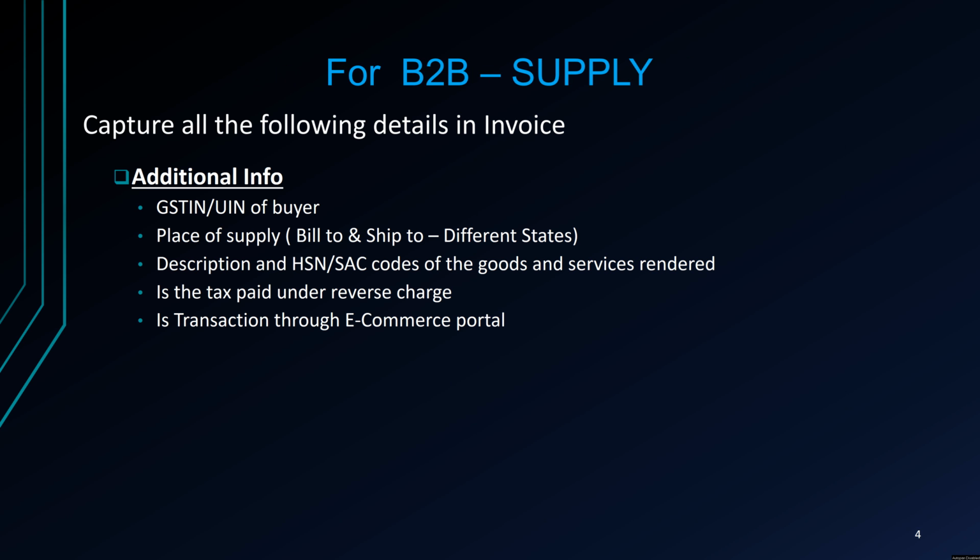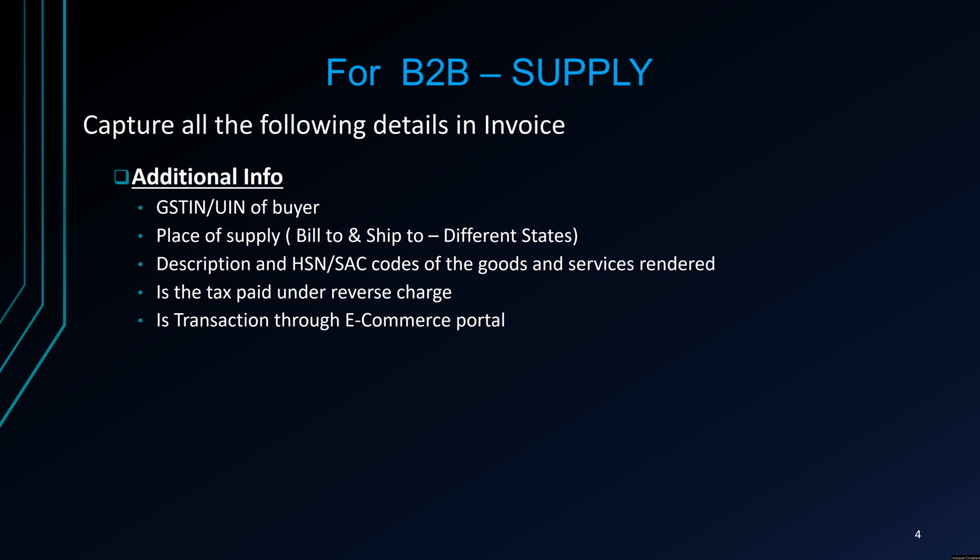In case this transaction is a specified transaction where the tax has to be discharged under reverse charge, even such a transaction needs to be captured separately. If this transaction is passing through an e-commerce portal, you should have a methodology to capture and identify that.